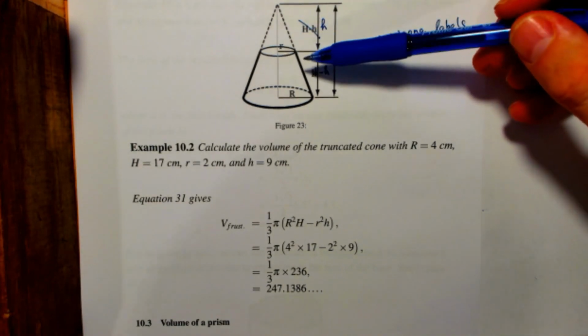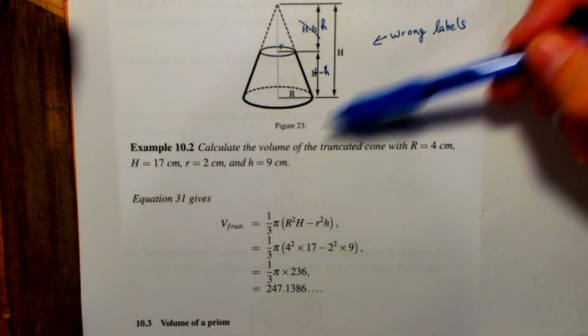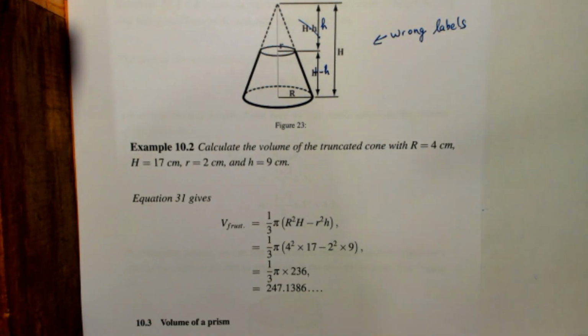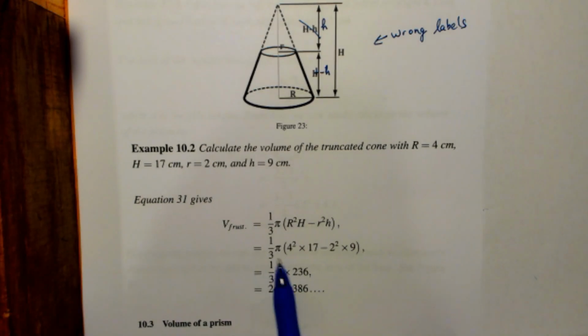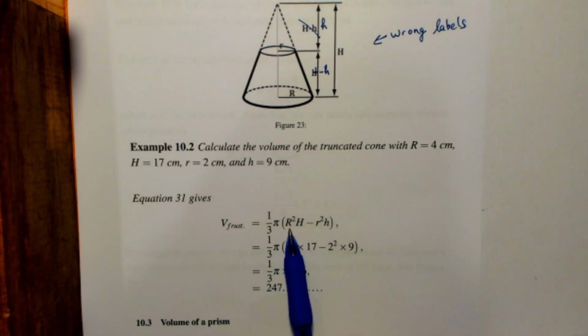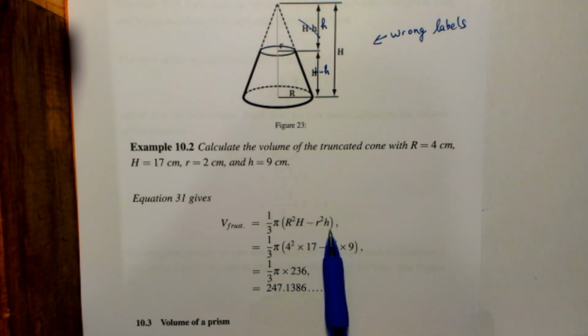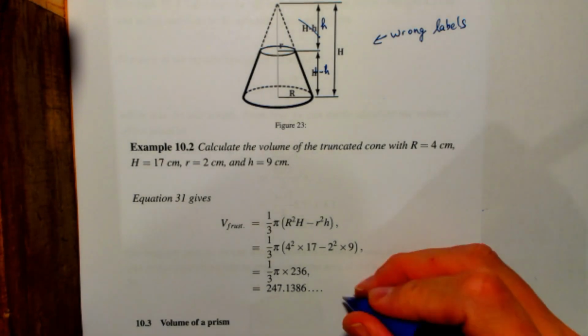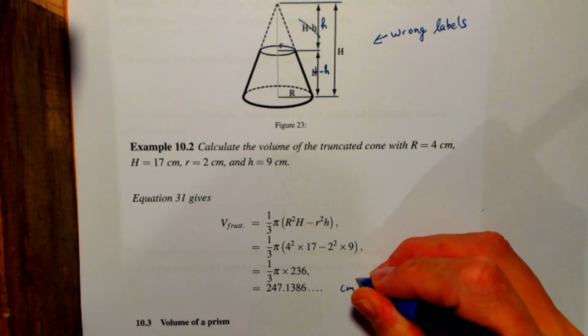Okay, so this doesn't quite correspond to the labeling of the diagram there. So what we have then is that volume is 1/3 pi (R squared H minus r squared h), where these are uppercase, these are lowercase, so we sub in the numbers and we get 247.1386, and that would be centimeters cubed.